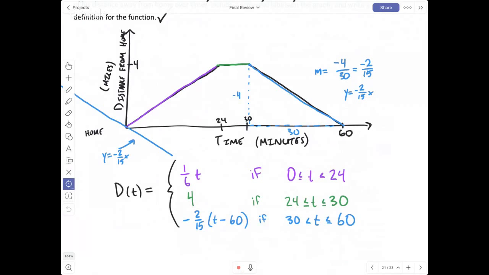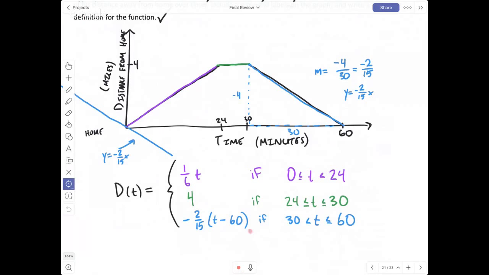I don't want a line way down there, because it would say that after 30 minutes, Vu had suddenly teleported to a negative distance away from his home. And I'm assuming that Vu can neither teleport nor land at negative distances away from home. Neither of those being possible in the modern sense of time and space.